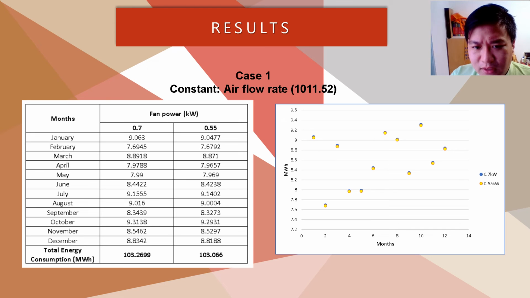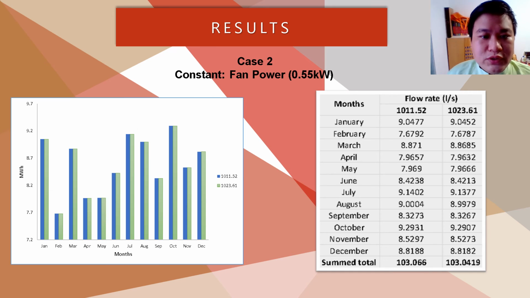In this graph, as you can see, the yellow dot is 0.55 kilowatt, while the blue dot is 0.7 kilowatt for the fan power. Okay, this is the second case, case 2, where the constant fan power is 0.55 kilowatt.